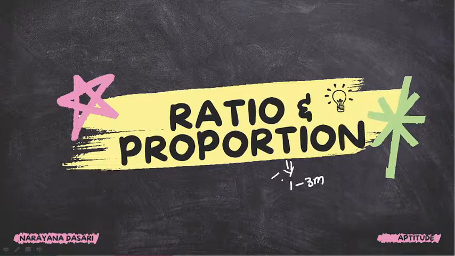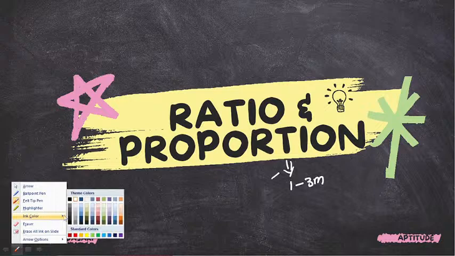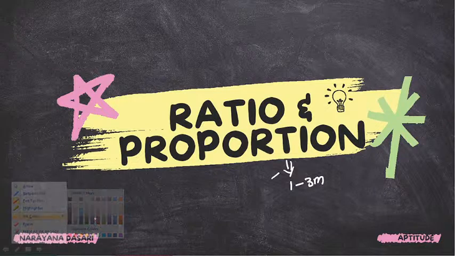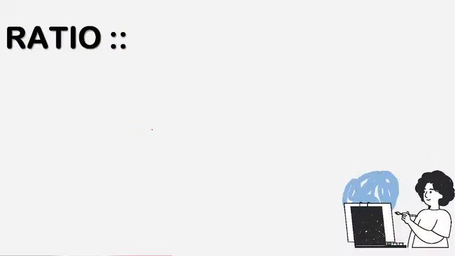So first of all, what is the meaning of ratio, and what is the meaning of proportion? For example, guys, 10 rupees is to 100 liters. What is the ratio? Anyone, please respond in chat box.